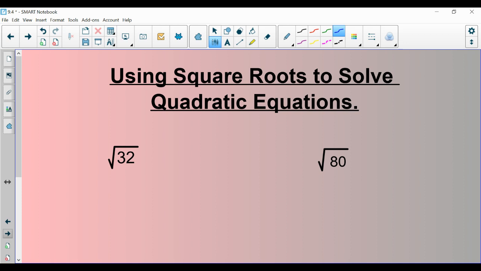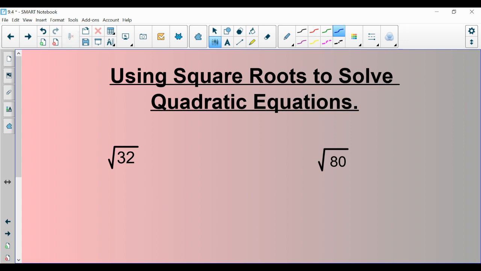Now, what if I asked you to find the square root of 32? Historically, what you would probably do is go into your calculator and type in the square root of 32, and it would give you some decimal like 5.8 something, I'm guessing. And that would be your answer. You'd be happy with that.